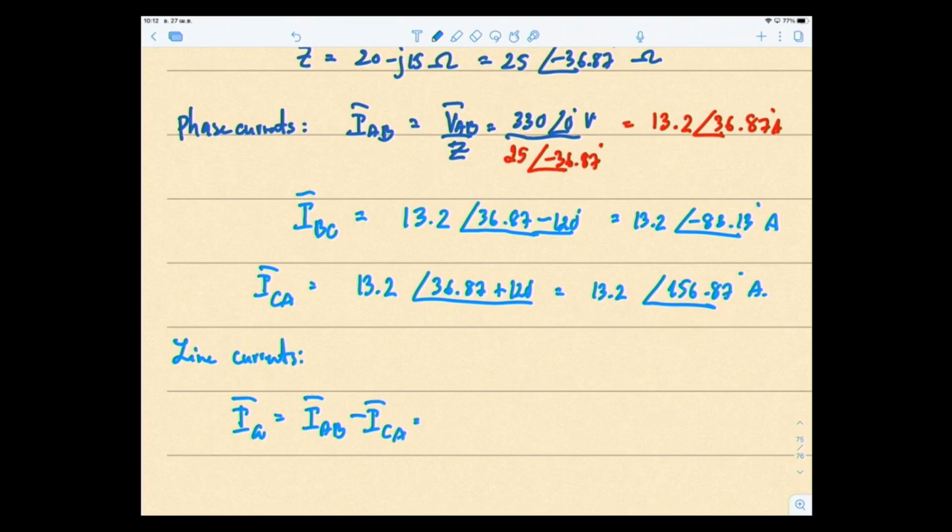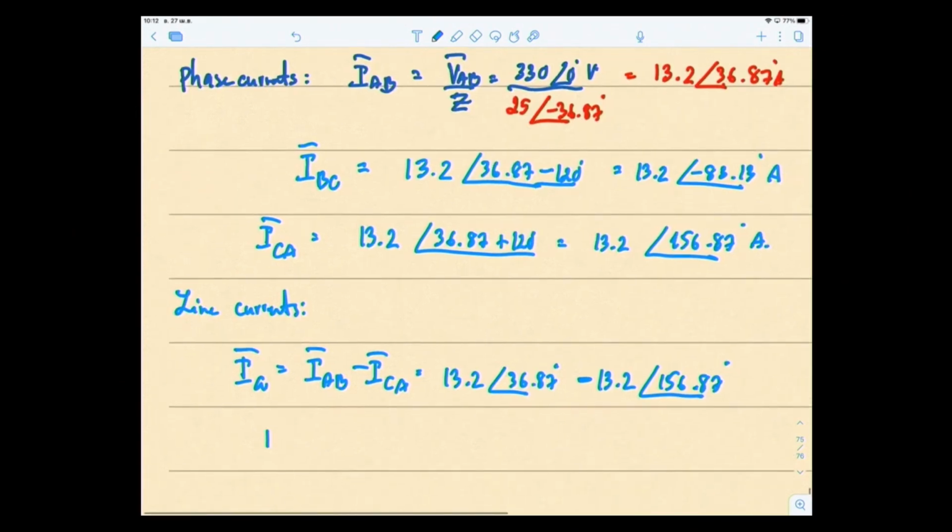So your IAB is 13.2 angle 36.87 degrees minus ICA, which is 13.2 angle 156.87. Using your calculator, your answer would be equal to 22.86 angle 6.87 degrees amps.